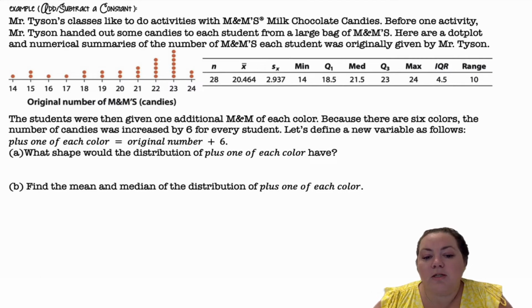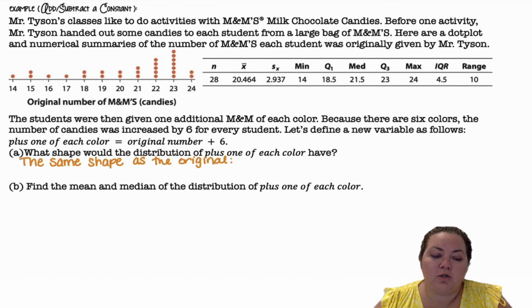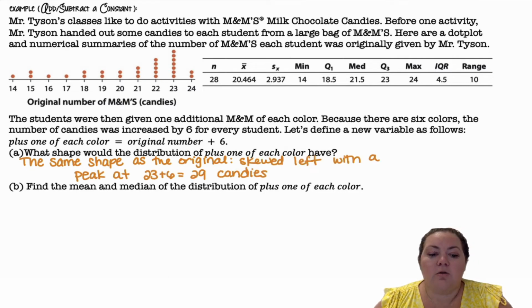What shape would the distribution of plus 1 of each color have? All right, so that new distribution would have the same shape as the original, which if I look at the original distribution, I can see that it is skewed left. All right, so it'd be skewed left with a peak at, I can see the peak before originally was at 23, but it's going to be at 23 plus 6, so 29 candies.